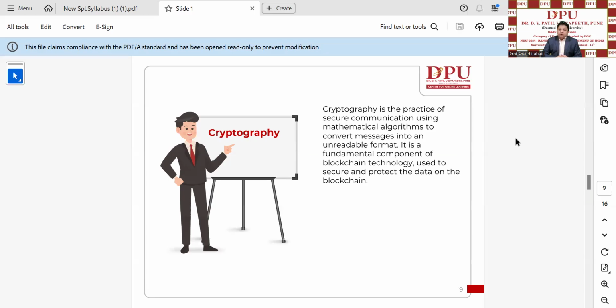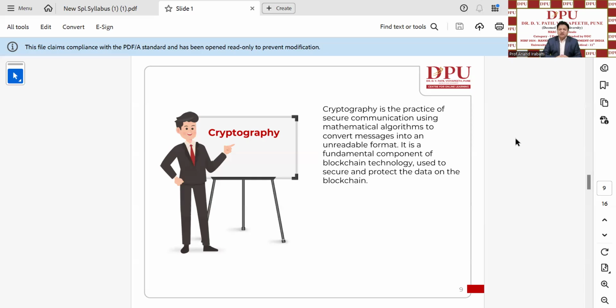So cryptography is the main technology which is used for blockchain that provides security for the blockchain. Like I said, it is a practice of secure communication using mathematical algorithms to convert the message into an unreadable format that we call ciphertext.